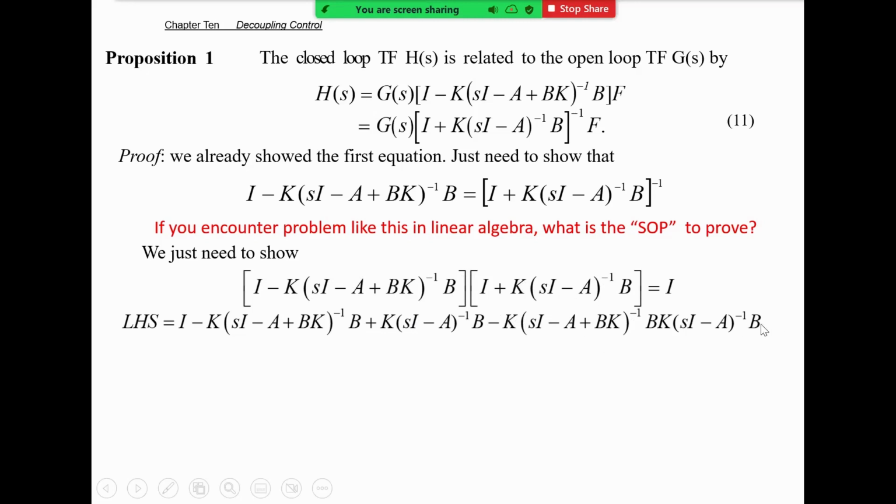That's the most complicated one. But again, you are supposed to show this equals the identity matrix, which means everything here is supposed to cancel out.